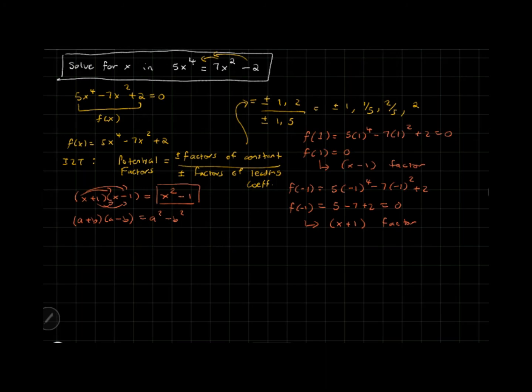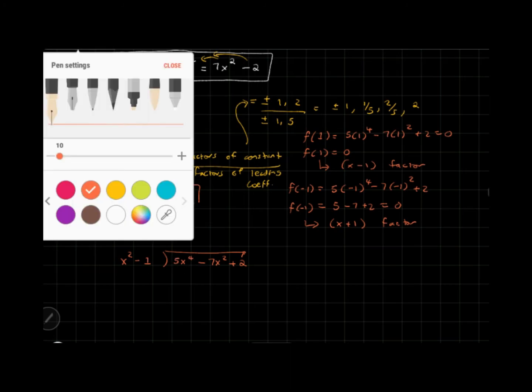So I'm just going to do it out here. Your dividend is 5x to the power 4 minus 7x squared plus 2, and your divisor is x squared minus 1. The name of the game here is to match the leading term.